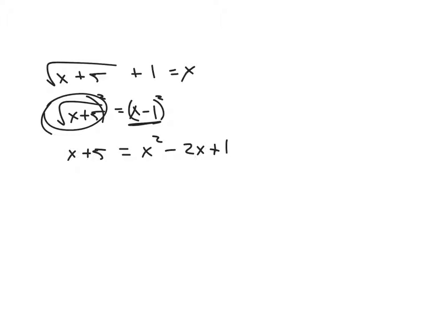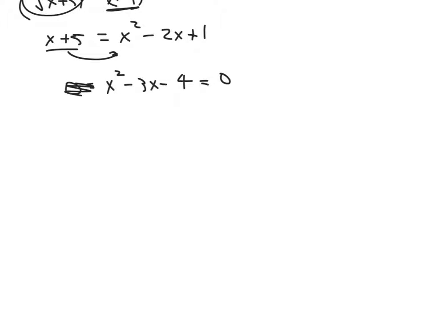So once we hit that, we again solve everything for 0. So we're going to move this stuff over here, giving me x squared minus 3x minus 4, and nothing is left over here, but let's put that over here just because I like it over there. No particular reason.